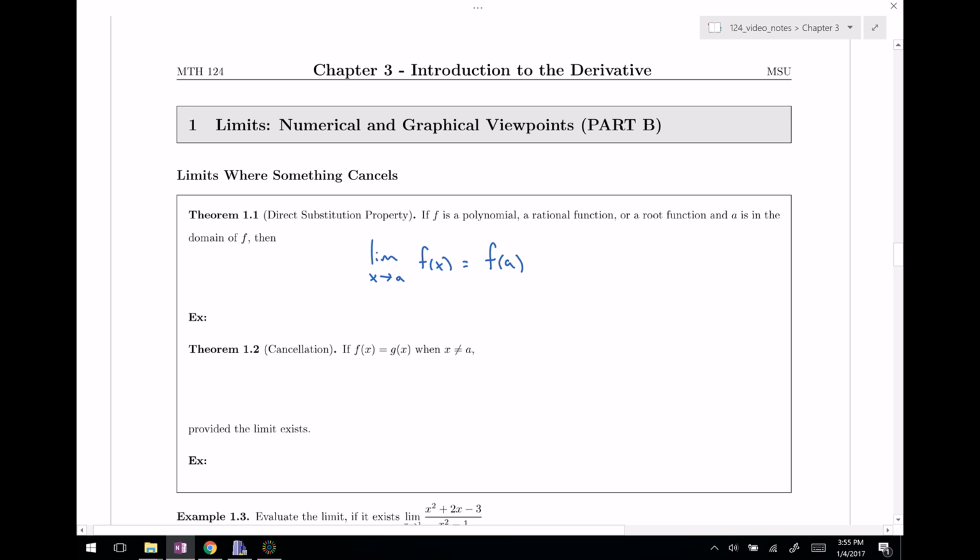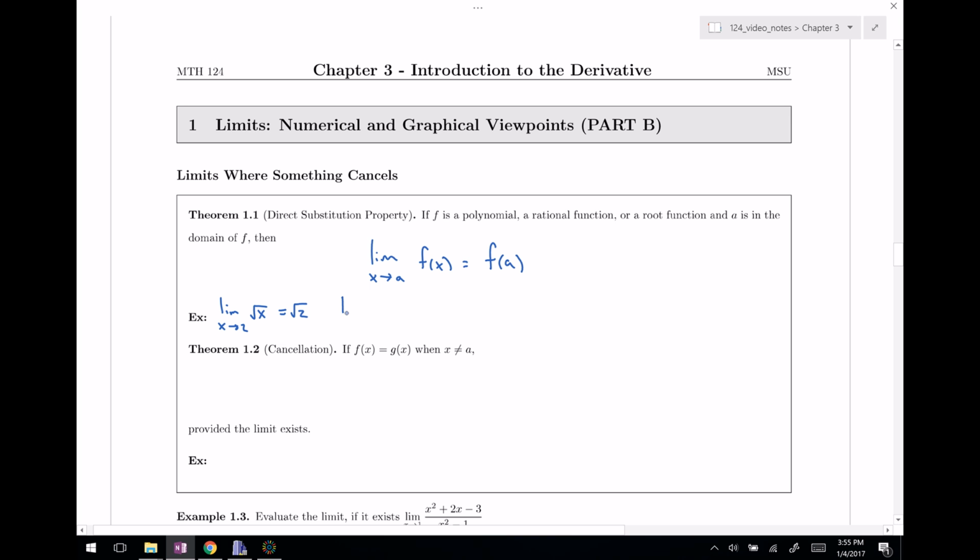So let's do some quick mini examples here. If I did the limit as x approaches 2 of the square root of x, 2 is certainly in the domain of the square root function, and so this is just going to get closer and closer to the square root of 2.